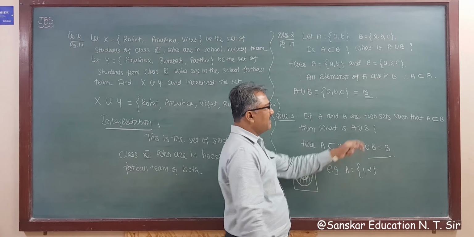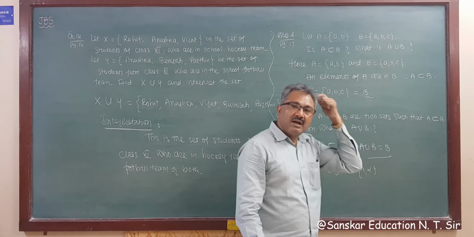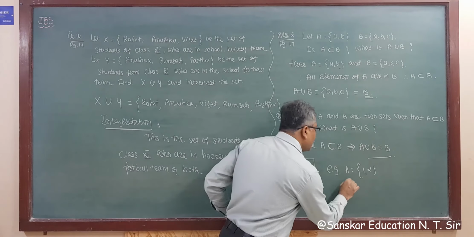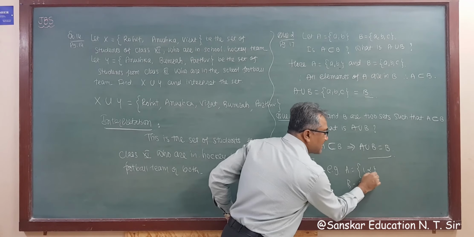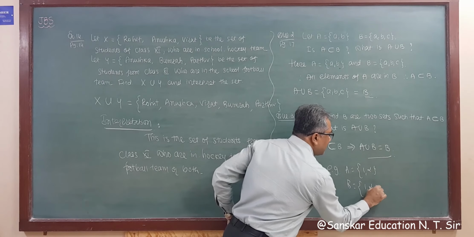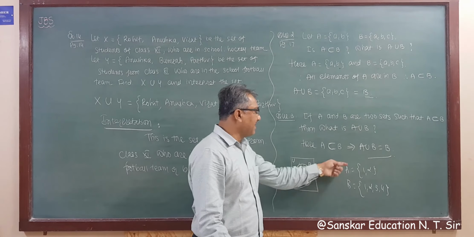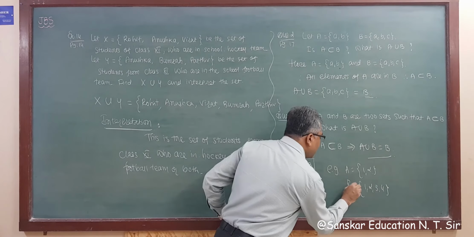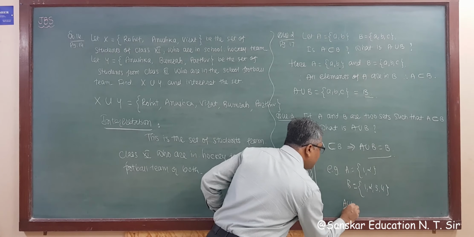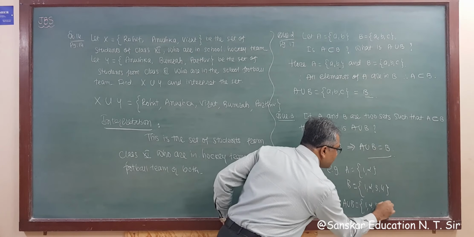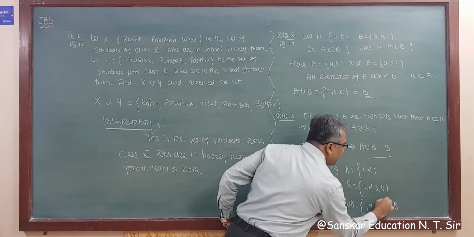Now, given that A is a subset of B, means all elements of A must be in B. So you have to take B as a set containing 1 and 2. Then write 3, 4. Now, find out A union B. So A union B is equal to {1, 2, 3, 4}. So the answer is clearly B, right?